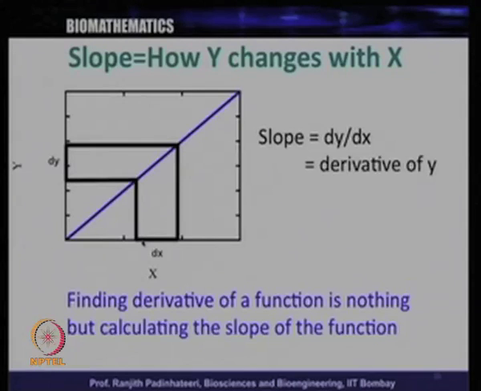You move along the x axis a certain small distance dx and see how much the y value changed. The corresponding y value also changed by a certain amount dy, and this ratio dy by dx is called slope.